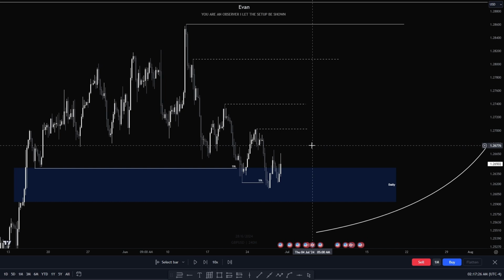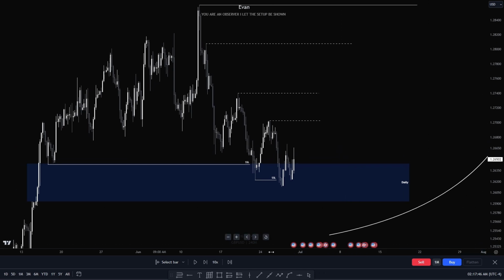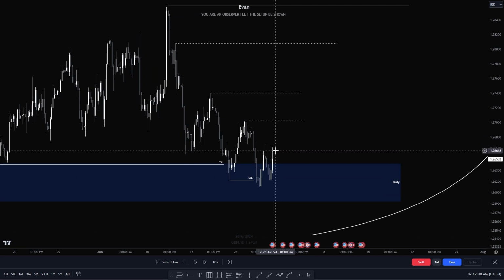As traders, we don't know when it's going to retrace there or go after it. Our goal is to make sure we read structure correctly and let the market tell us when it's going to go there. We're not predicting, we're reacting to the market and we're letting it tell us that it wants to go after these highs.